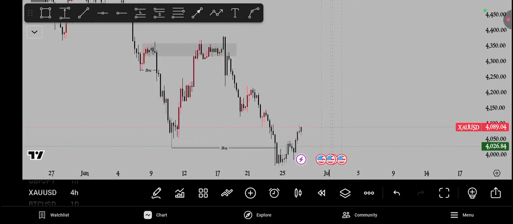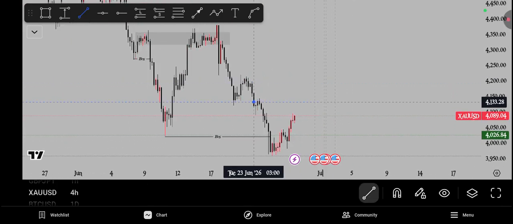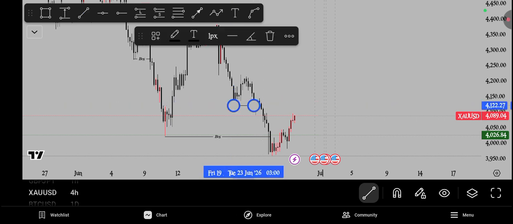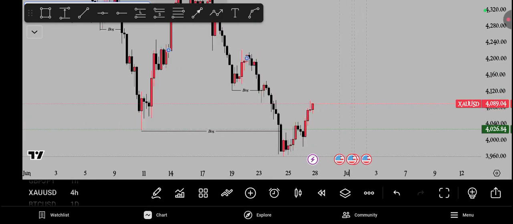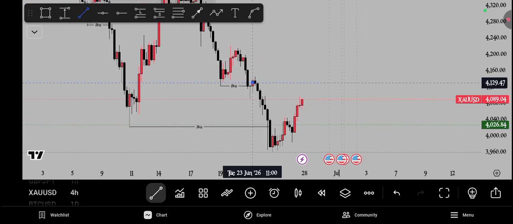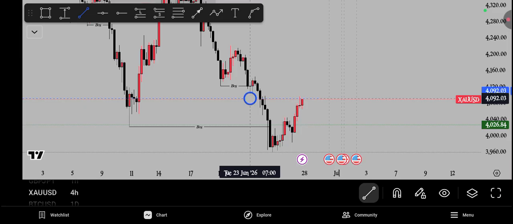Well, now reading the internal structure here, we have this break of structure here, followed by this one also.